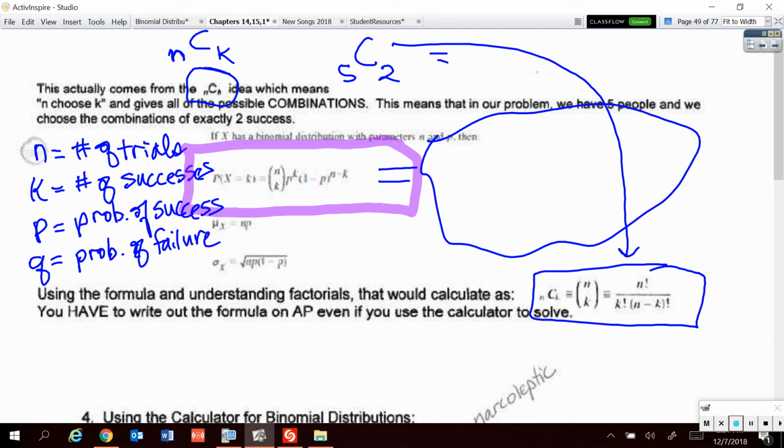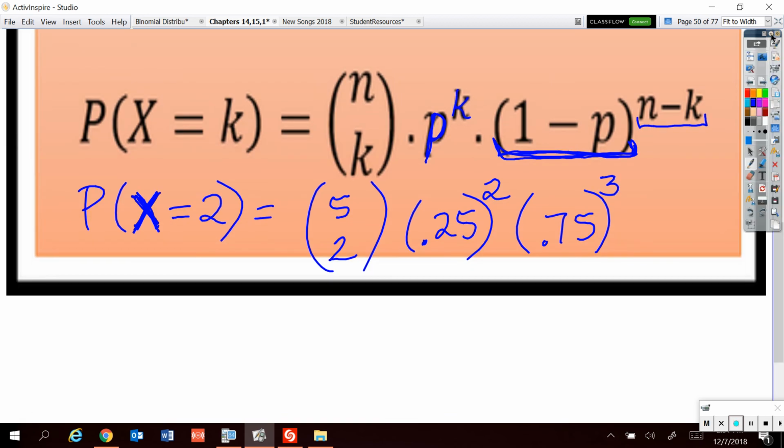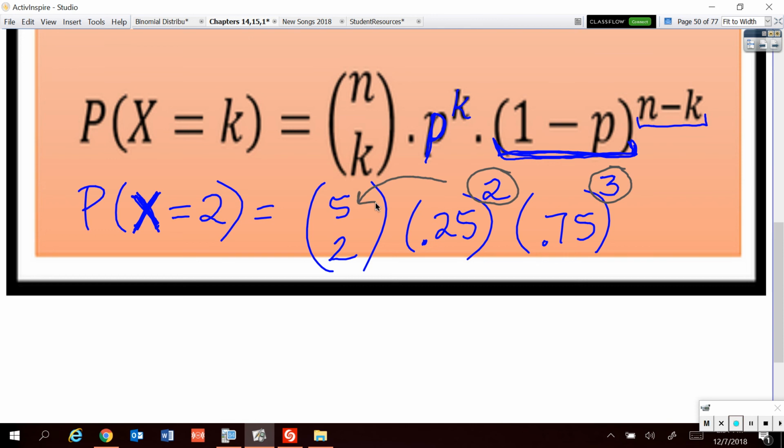All right, so I want you to notice one thing before we move on and do something else with this. I want you to notice that the number of failures plus the number of successes equals the total number of trials. That will always be the case. However many failures plus however many successes always has to equal the total number of trials.